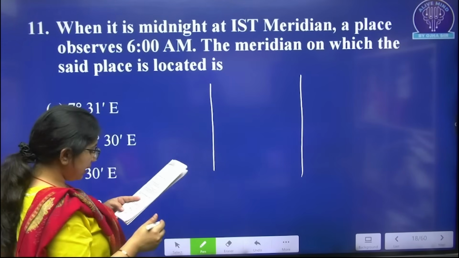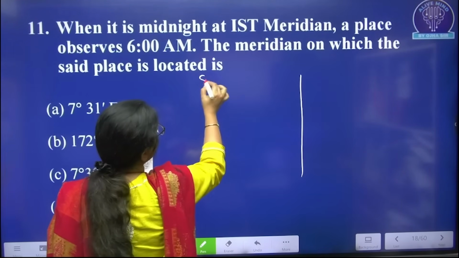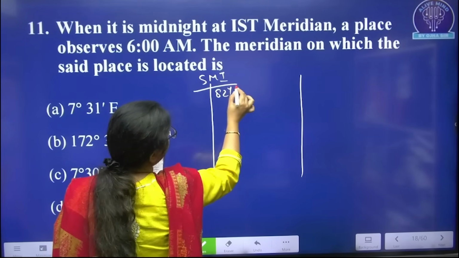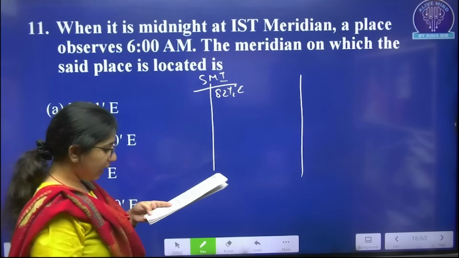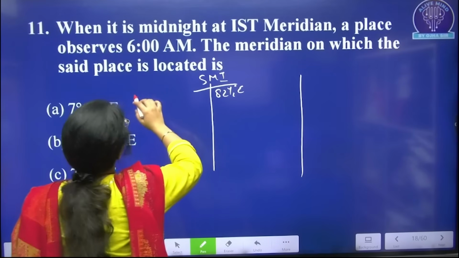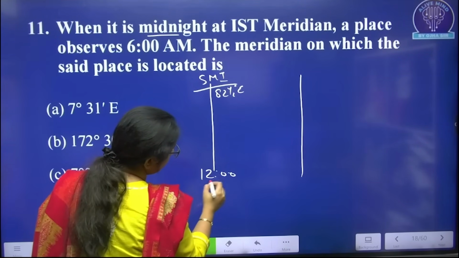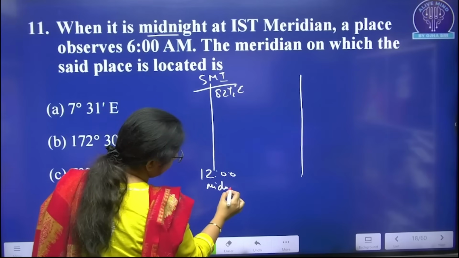They're saying the Indian Standard Meridian of India, which is 82.5 degrees east. Here the timing they have written as midnight. That means 12. It is midnight here.